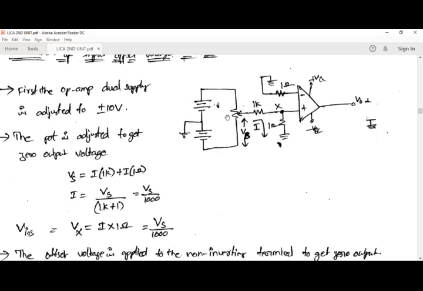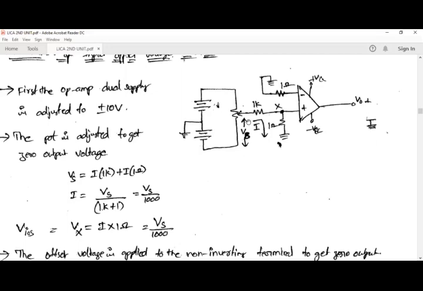We are going to adjust this variable resistor such that the voltage Vs changes. This Vs will be applied to the input of the operational amplifier, and by adjusting this Vs we make the output voltage zero. Then we measure Vs when the output voltage becomes zero, with the help of a multimeter. That is nothing but the input offset voltage.